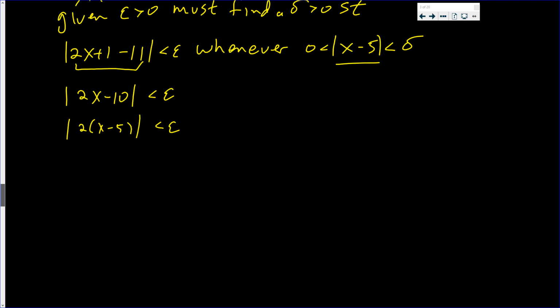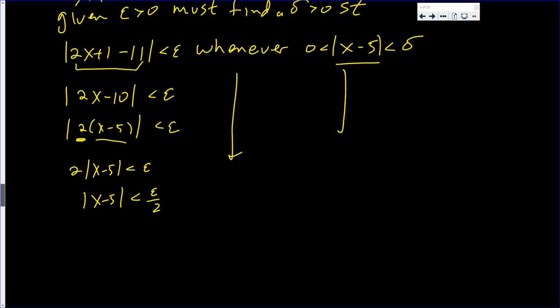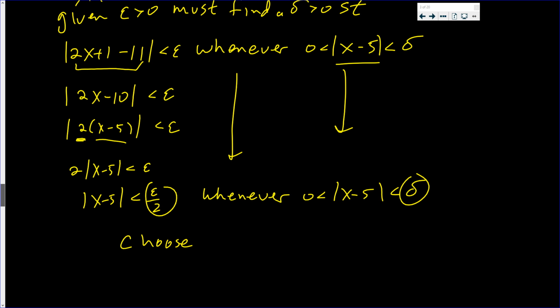And the absolute value of a product is the absolute value of 2, which is 2, times the absolute value of x minus 5. So the absolute value of x minus 5 is less than epsilon over 2. And all of this comes down whenever 0 is less than x minus 5, which is less than delta. So now we're done. We choose delta to equal epsilon over 2.